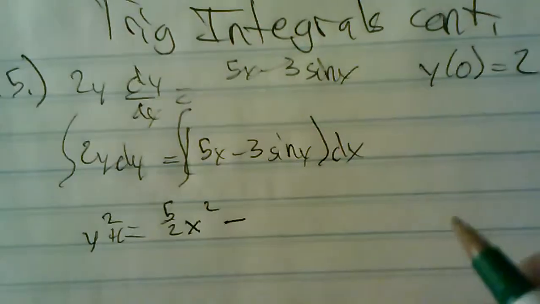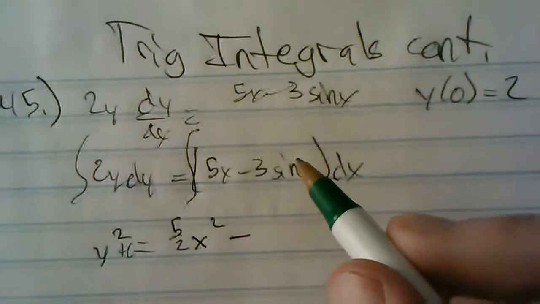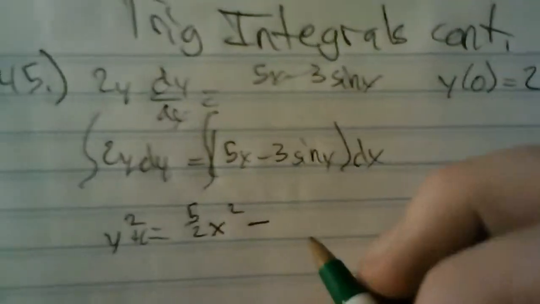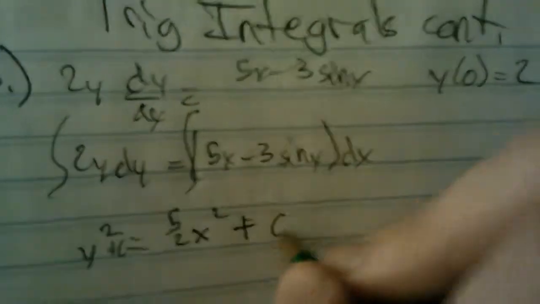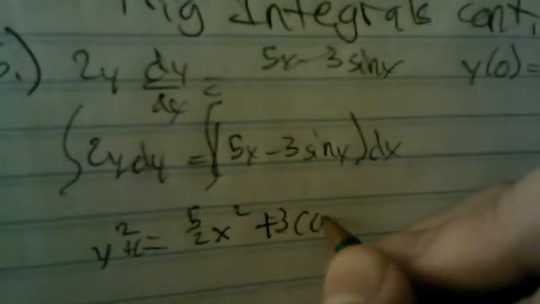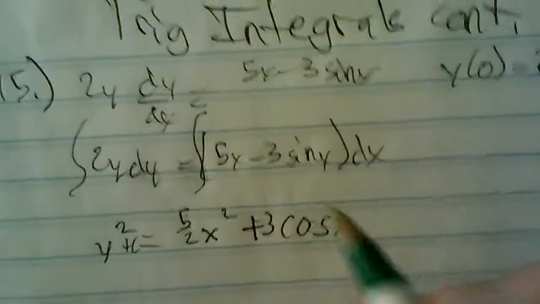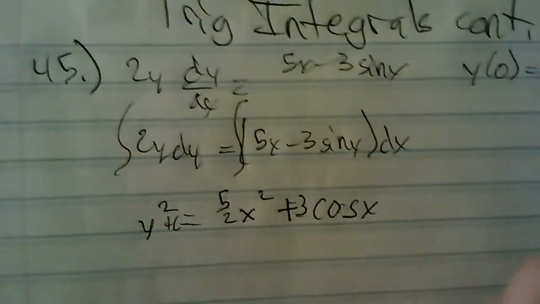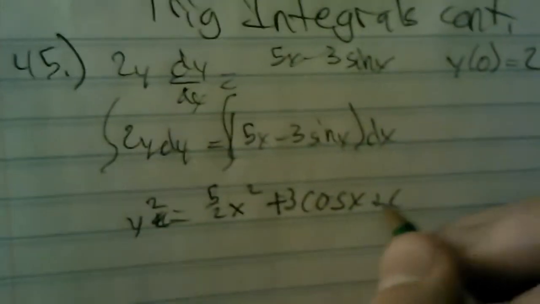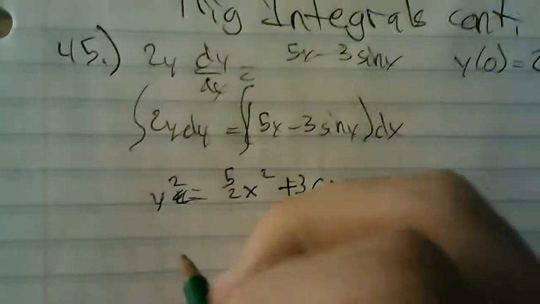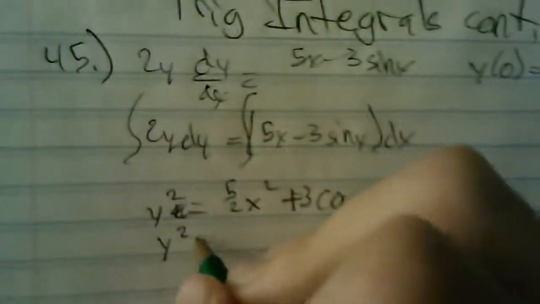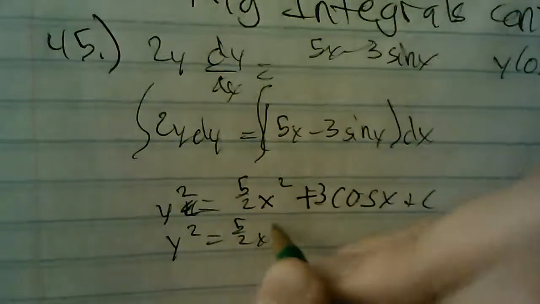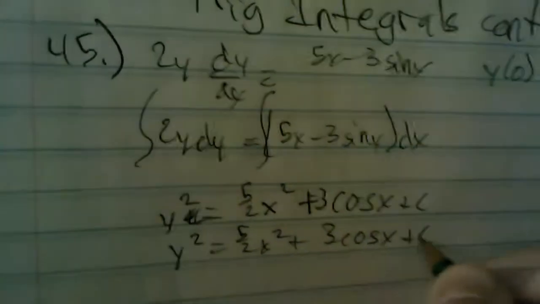Minus, well, let's see, we have negative 3 sine x, so integrating that would give us positive 3 cosine x. Because the integral of sine x is negative cosine x, and negative negative equals positive. Plus c, but I'm subtracting that one over to make it plus c over here as well. So our answer here is y squared equals 5 halves x squared plus 3 cosine x plus c.